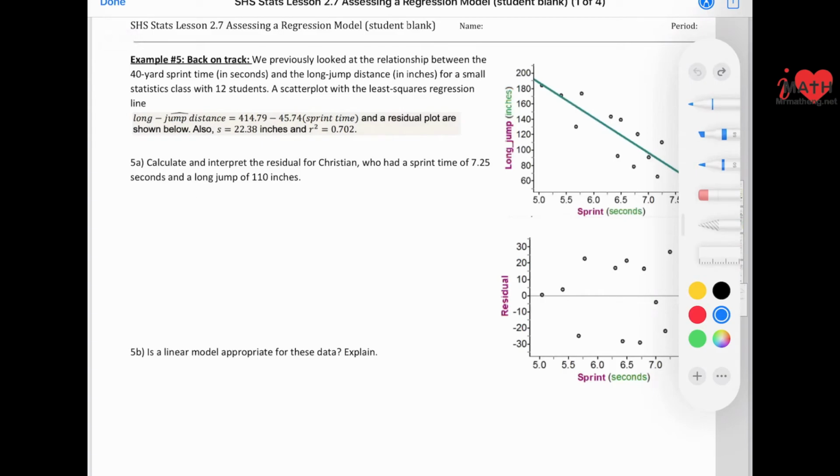Okay, try that again. So y hat, and then we said that the x is the sprint time, right? Well, sprints are measured in seconds. So I'm just going to put in my data here.